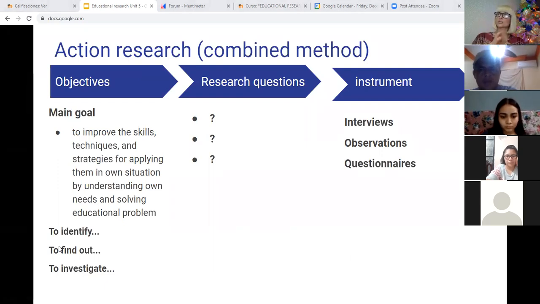You are beginners. This is the first time for you, so for this reason you have to go step by step. You have to read material, investigate, learn, and then you conduct the research. I'm, let's say, an experienced teacher, and I'm doing action research after each course I give. For example, educational research.